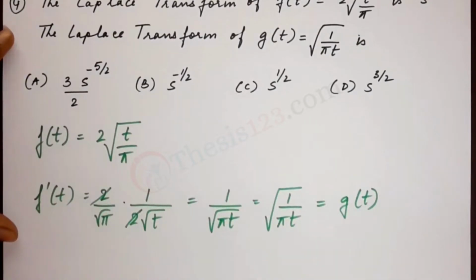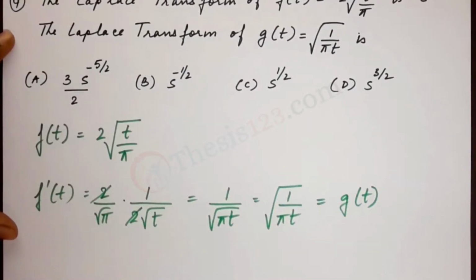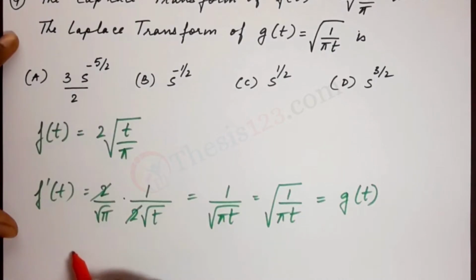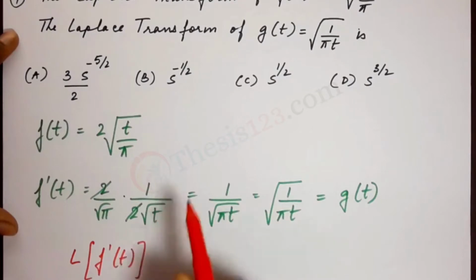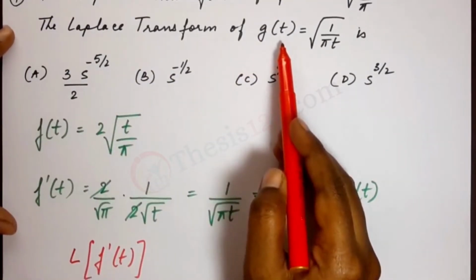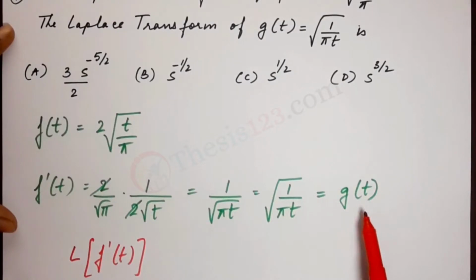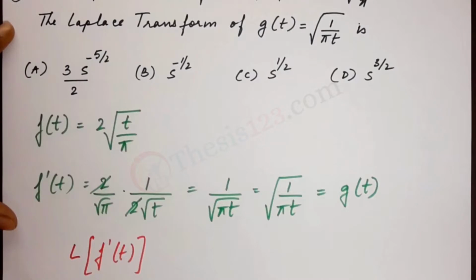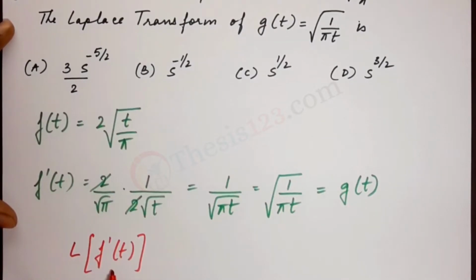Now we can use a Laplace formula. Laplace of f dash t. We are supposed to find out the Laplace transform of g of t, right? So the Laplace transform of g of t is the Laplace transform of f dash of t. So we have a standard formula for the Laplace transform of a derivative function.